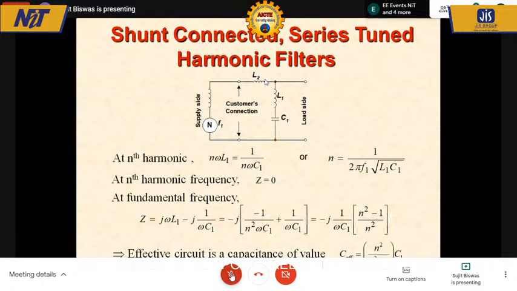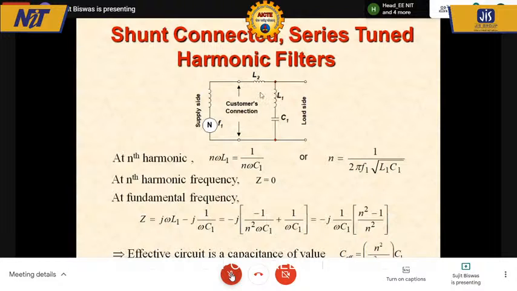Now what happens is I have created a low impedance path, and suppose my next door neighbor has some nonlinear loads where he is injecting harmonics into the system, but he does not have a filter. Now for his harmonics, there are two alternative paths. The first path is to go back to the supply, and the second path is to find a low impedance path through my supply in the absence of L2, through the low impedance path and flow here.